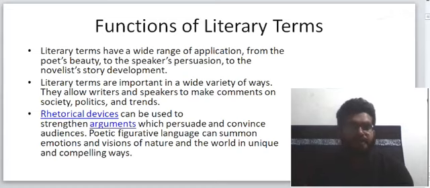Similarly, rhetorical devices. First of all, you need to understand what rhetoric means. Rhetoric is the art of persuasive public speaking. See, you might have listened to different people.